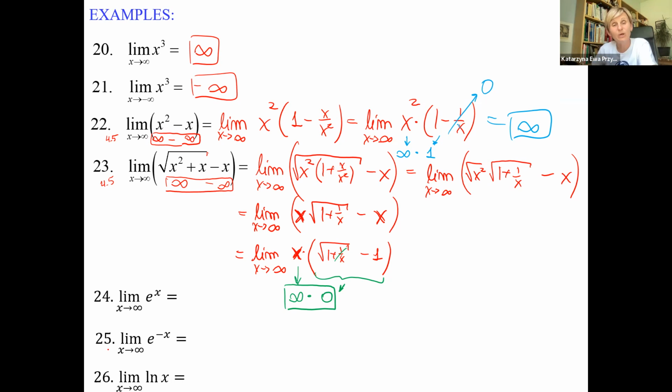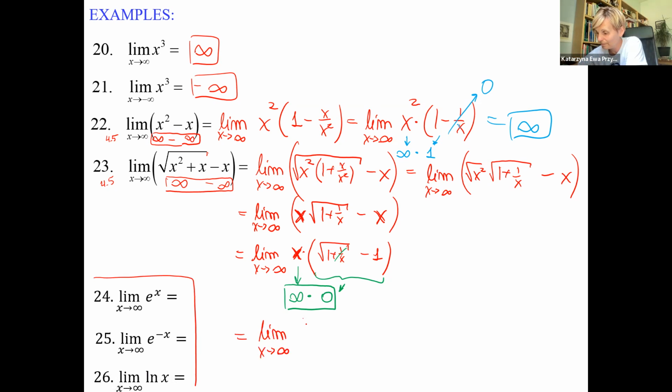We probably remember when we have some issues or some indeterminate forms with an expression which involves a square root, especially in expanded form, we may use multiplication and division by the conjugate expression. Always the square root and the conjugate expressions are helpful. And that's what I will do. I can rewrite this.